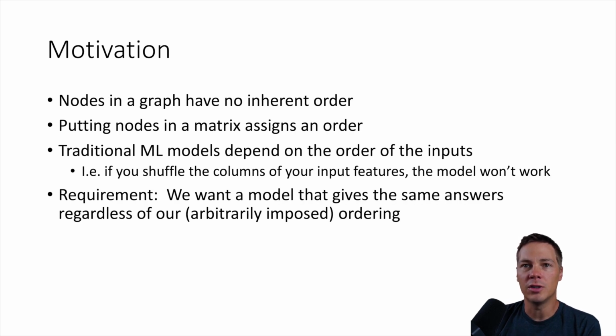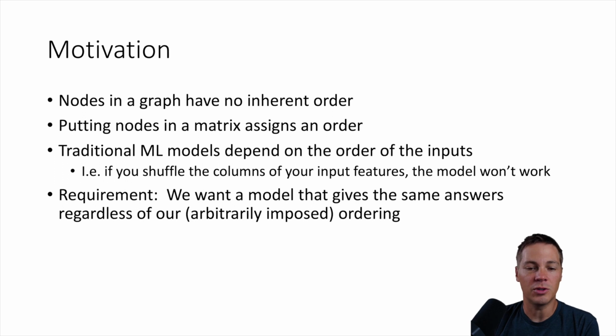So the motivation is that nodes in a graph do not have an inherent order to them. That's not part of the structure of the graph, to have a notion of order. But whenever we put nodes in a matrix, like the adjacency matrix, we're effectively assigning an order to the nodes. And traditional machine learning models will depend on that ordering.